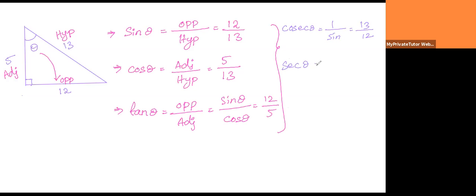Secant theta equals the reciprocal of cos theta, so 1 by cos, which is 13 by 5. At last, cot theta is the reciprocal of tan theta, guys, so it's 5 over 12. So that's it. We're done with this.